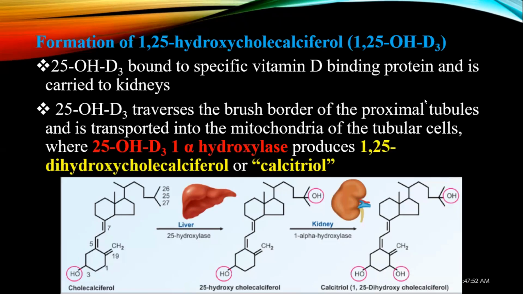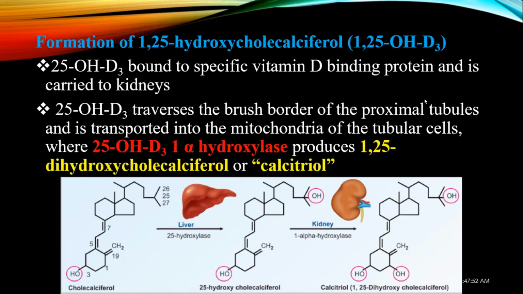So the first step takes place in the liver, that is, the insertion of a hydroxy group on the 25th carbon of cholecalciferol to form 25 hydroxy cholecalciferol. And the second step is the insertion of a hydroxy group on the first carbon, which takes place in the mitochondria of tubular cells in the kidney, and it forms 1,25 dihydroxy cholecalciferol, which is also called calcitriol.